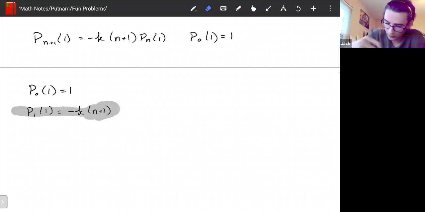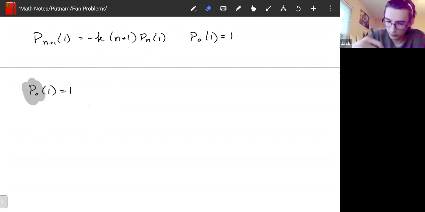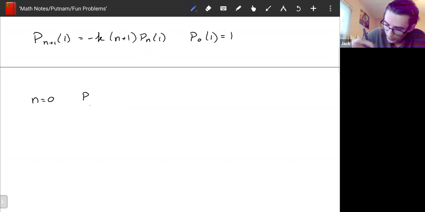Here, let me do it this way. We have n equals 0. We have p sub 1 of 1.